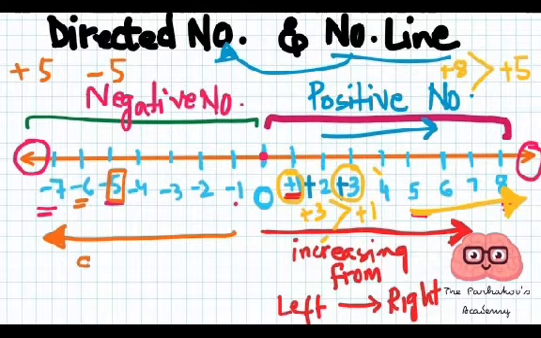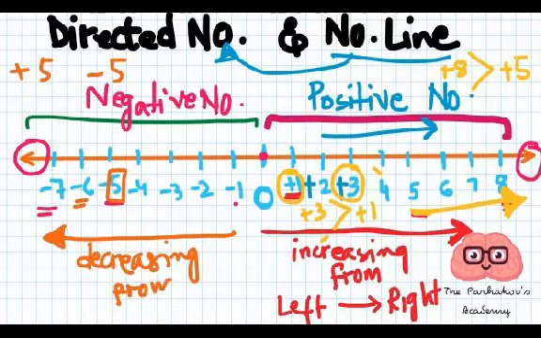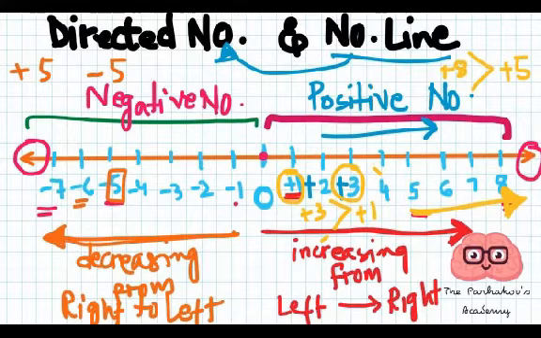So here the numbers are decreasing from right to left. That means as we are moving on this number line away from 0, numbers are basically decreasing. Magnitude-wise, the value is increasing, but direction is decreasing the number.